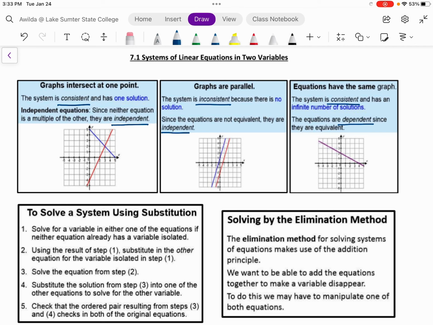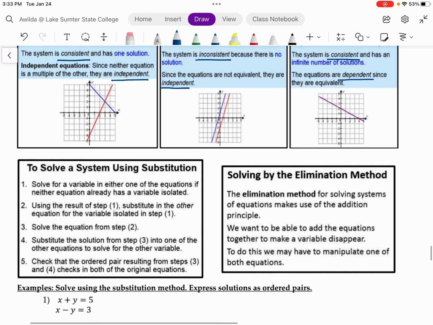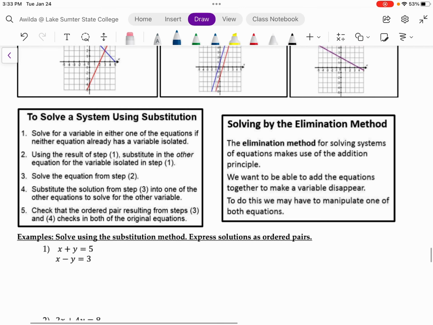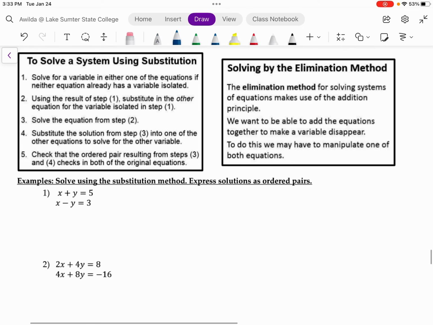All right, let's take a look at two methods for solving systems of linear equations now that we have this background of the conceptual understanding of what is happening with these graphs. First, we'll do some examples where we solve using a method called substitution. In the substitution method, we choose one of the two equations and we choose one of the two variables to isolate for.